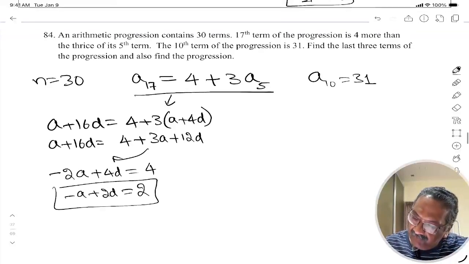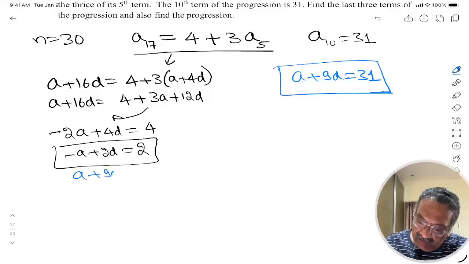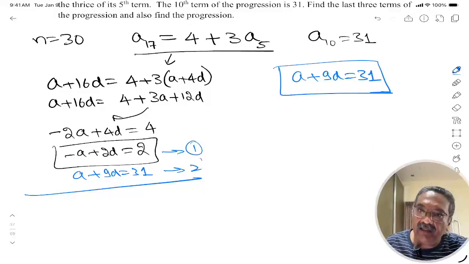This is equation 1. Similarly, A10 is given as 31, so A plus 9D is equal to 31. This is equation 2.